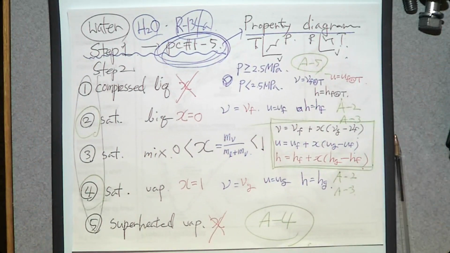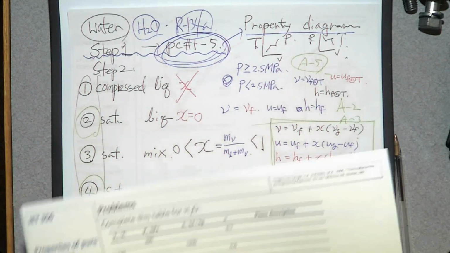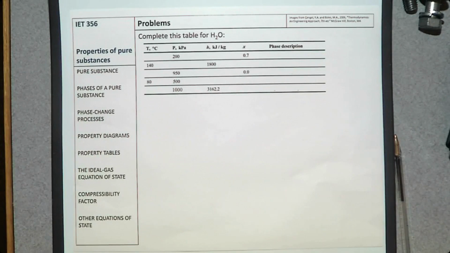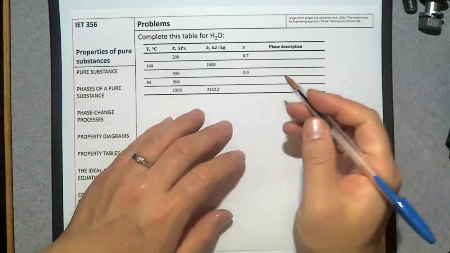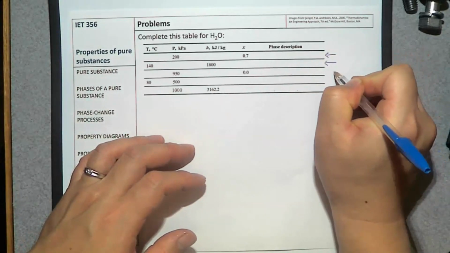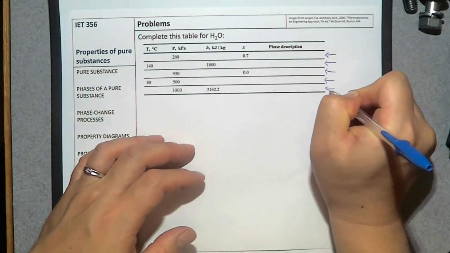Okay, so today we are going to use this table to practice how to evaluate a property. Completing this table is pretty straightforward. Each row represents an independent problem.